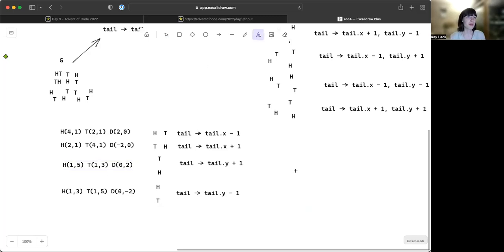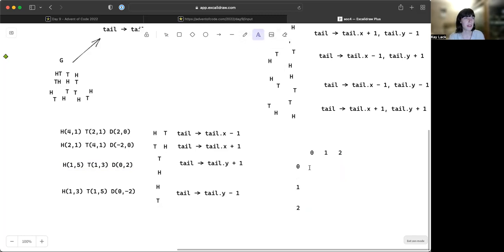But we're going to come up with a grid. And we can start to fill this out.